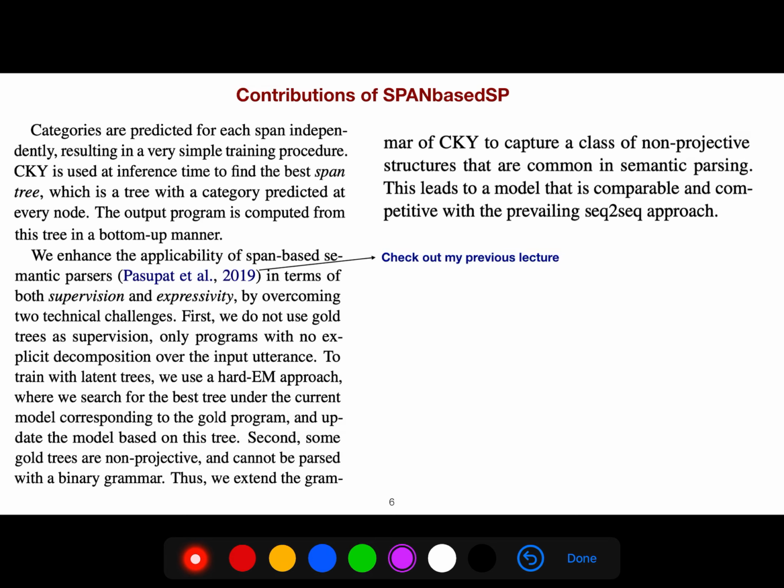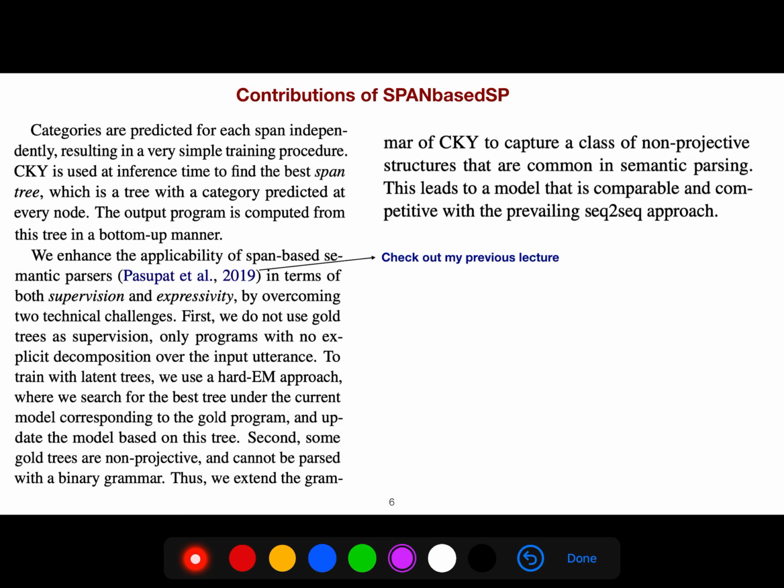But here, we are not using CKY at training, though we still use it at inference. Like the previous lecture, we still use the categories. Because it is inspired by the previous paper, it's very similar.